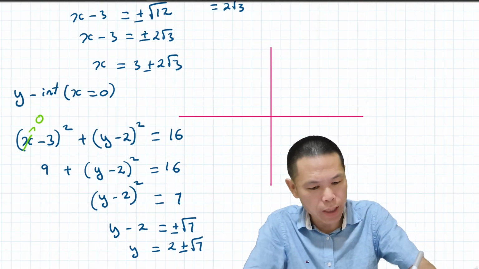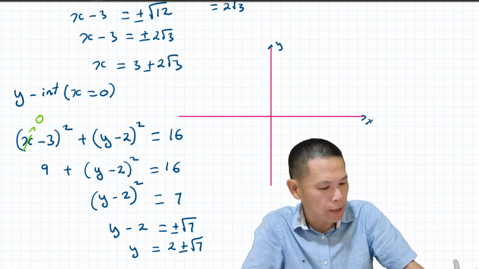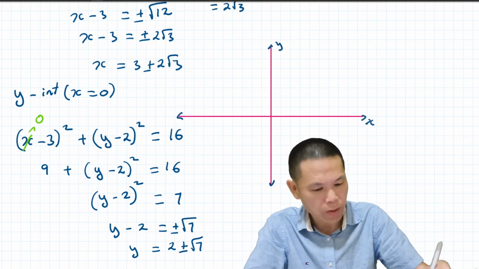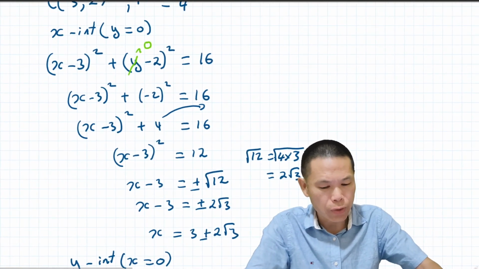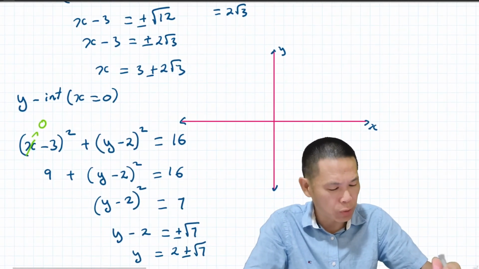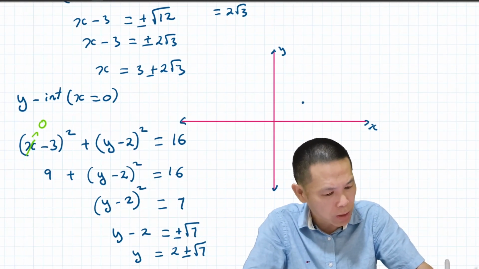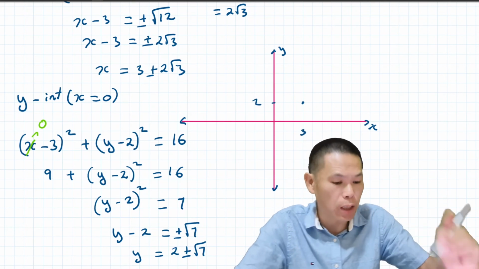Let me label it first. This is the y-axis, this is the x-axis. We know the center of the circle is (3, 2) and the radius is 4. So I put (3, 2) somewhere here, and the radius of this circle is 4.